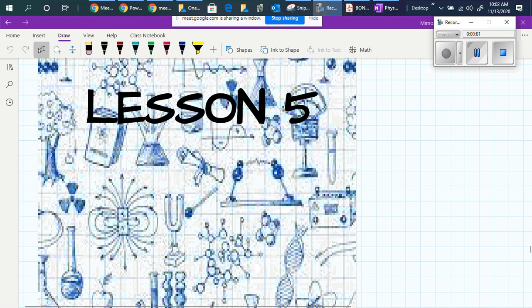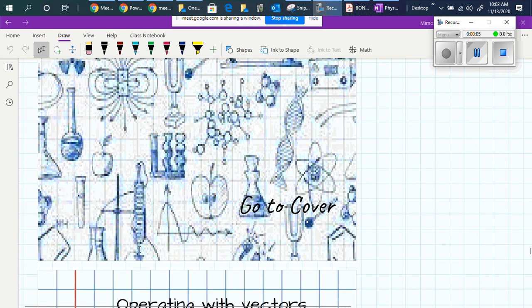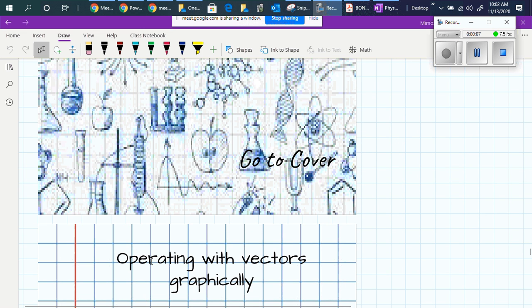Lesson 5 in this short unit is in regards to adding or operating vectors graphically. What we have seen up to now is vectors, so we're able to describe them in terms of either bearing, positive x-axis, or northeast southwest axis.